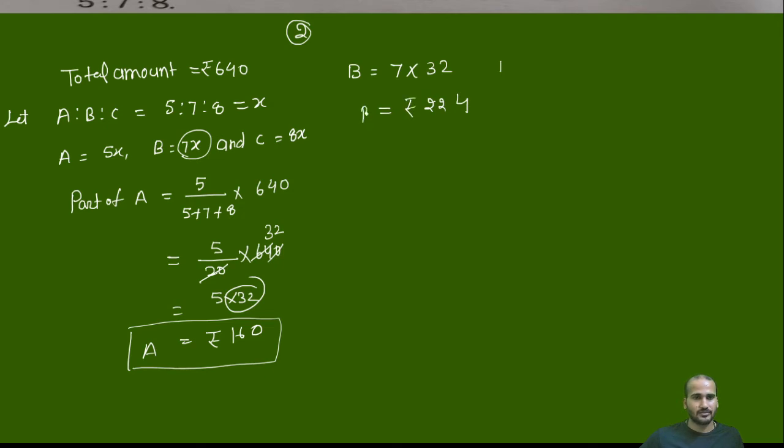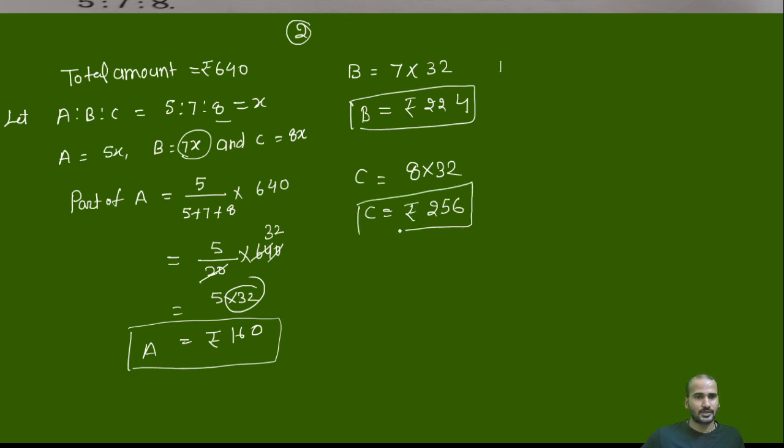So B will get 224 rupees. And C is equal to 8. So 8 into 32: 8 2s are 16 and 8 3s are 24 and 25. So C will get 256.